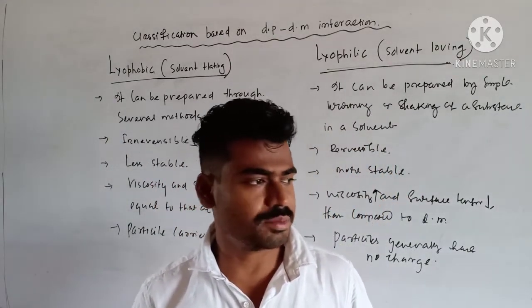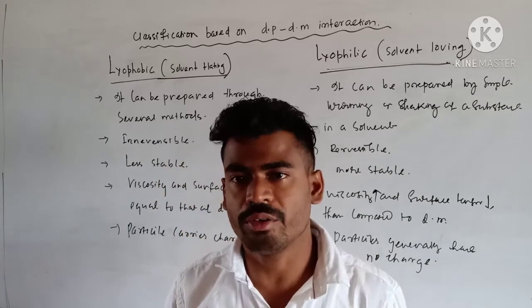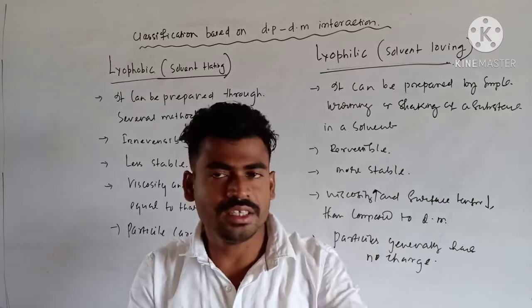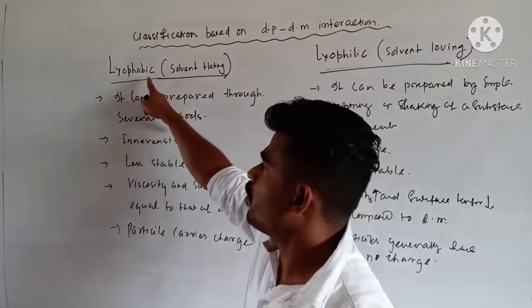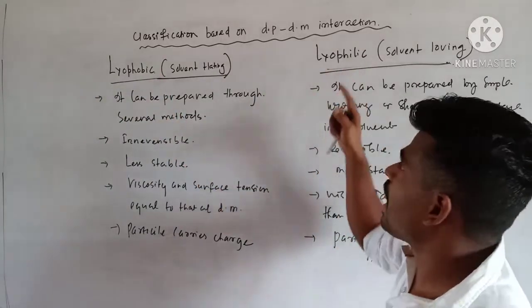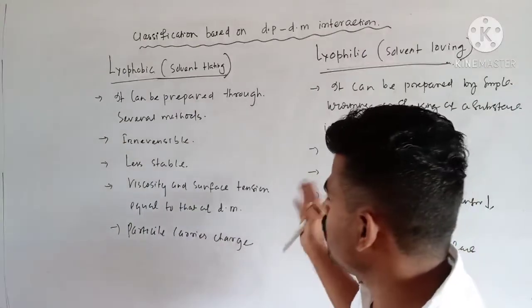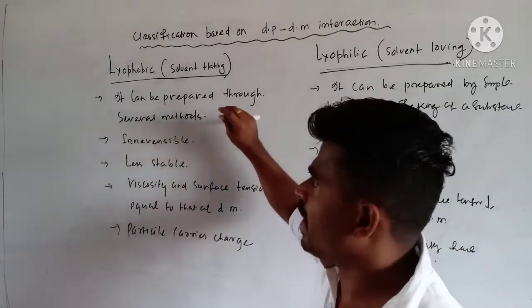So next we will go through the classification depending upon the interaction of dispersed phase with dispersion medium. Colloidal solutions are classified into two categories: one is lyophobic. Phobic means solvent-hating nature. Another one is lyophilic. Lyophilic means solvent-loving character.